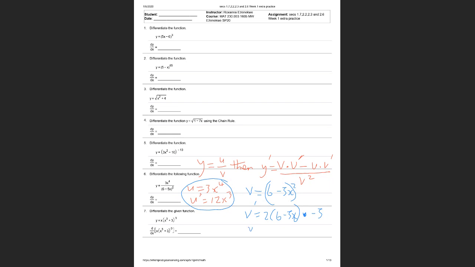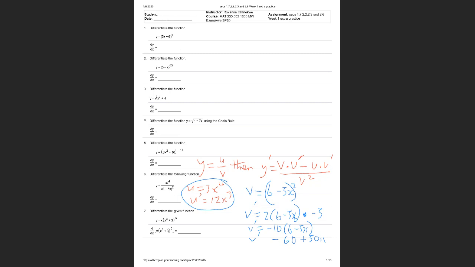I have minus 10 times 6 minus 5x, but I can still simplify. So I know that I have negative 60 minus negative is plus 50x. So this is my v prime.